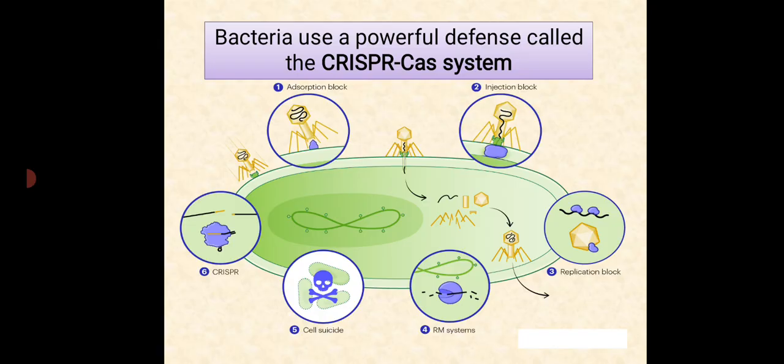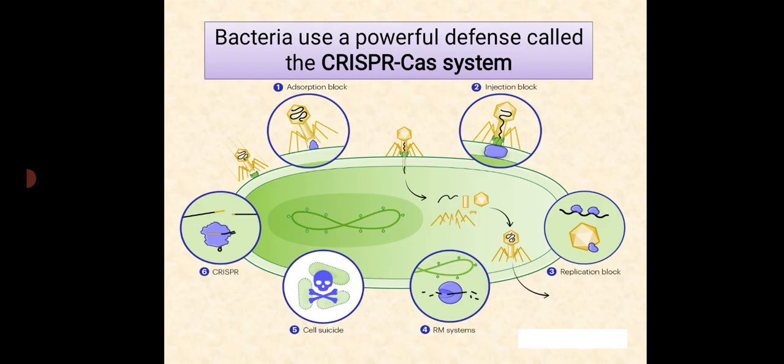When a virus infects a bacterium, the bacterium captures tiny fragments of the viral DNA and stores them inside its own genome. These stored sequences act like molecular memories, a record of past infections. Then, if the same virus tries to attack again, the CRISPR system quickly recognizes the invader using those DNA memories.